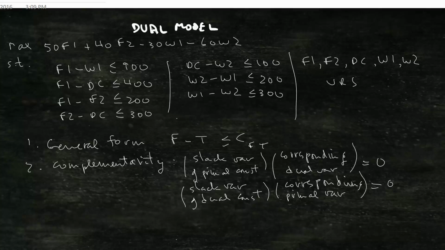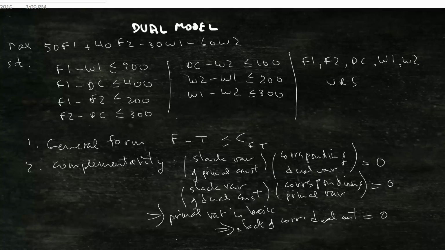What this implies is that for the primal basic feasible solution, if the primal variable is basic, then the slack of the corresponding dual constraint is going to be equal to 0.